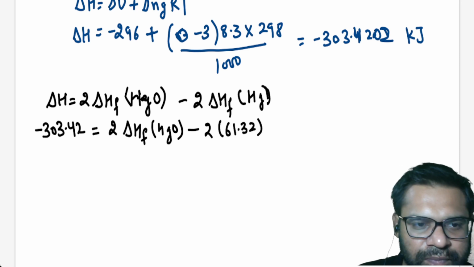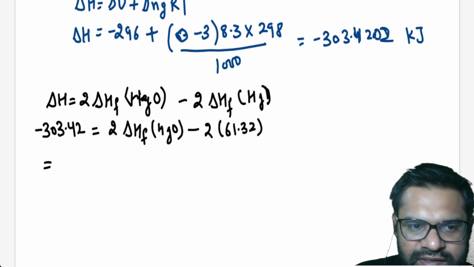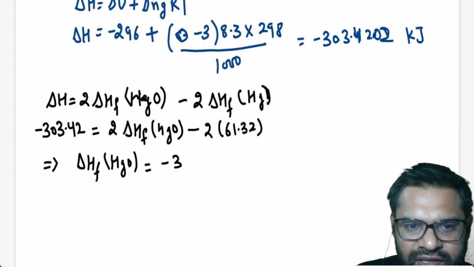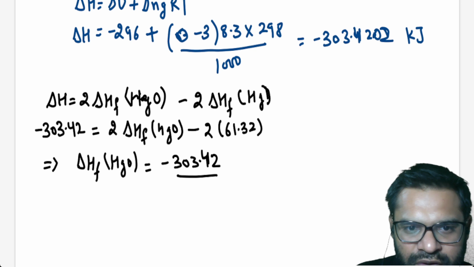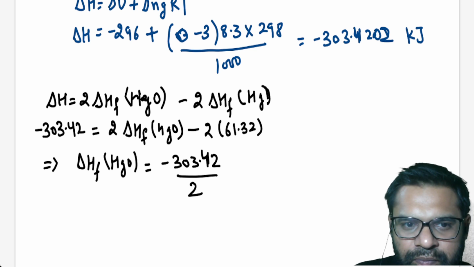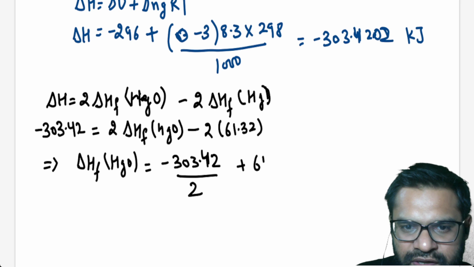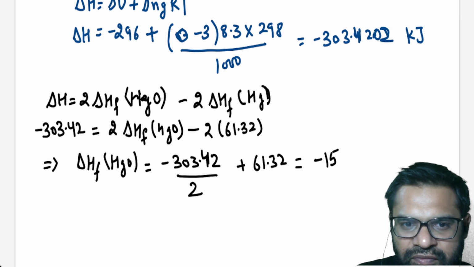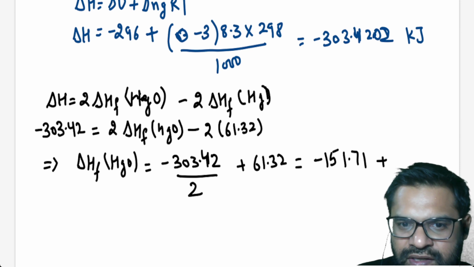Which implies that delta H of formation of HgO would be equal to minus 303.42 divided by 2 plus 61.32. So this is equal to minus 151.71 plus 61.32.